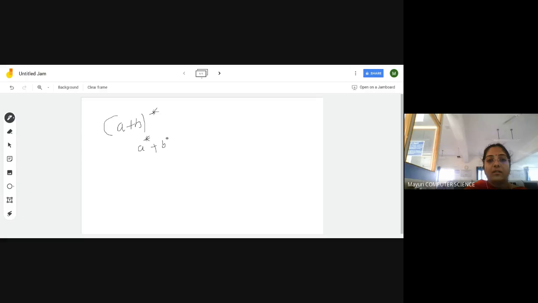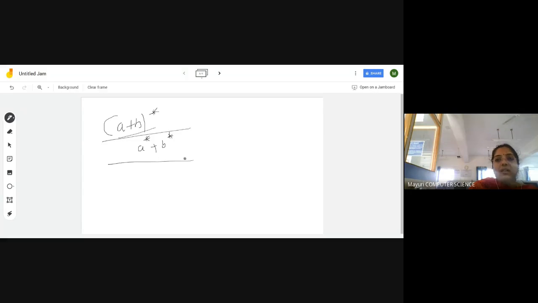So (A plus B) the whole star represents either A or B, zero or more number of times.